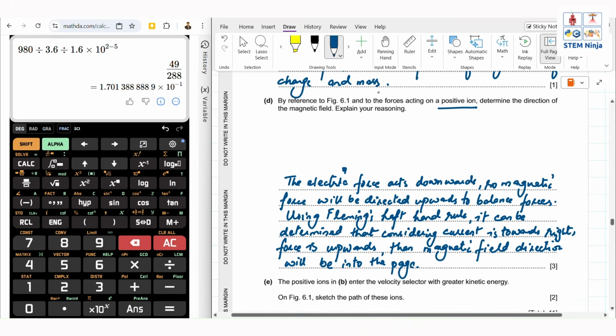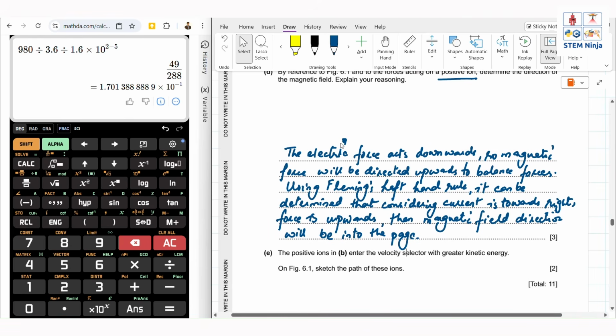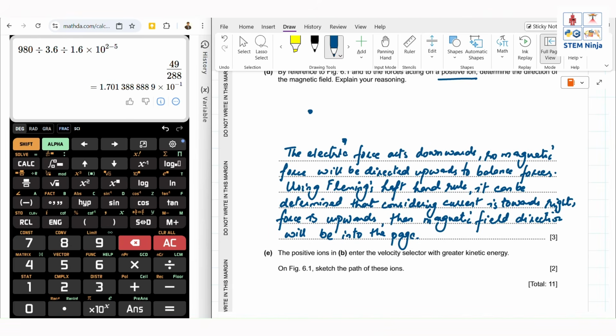That's it. You can even write this over here: force over here, current in this direction, and then the B over here. All of these are perpendicular to each other.